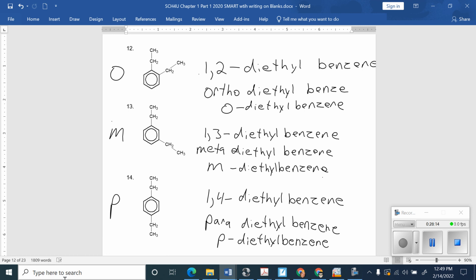Okay, so ortho, meta, para. And we're going to use that anytime there's two groups that are the same, that are in the 1,2 position, the 1,3 position, or the 1,4 position.